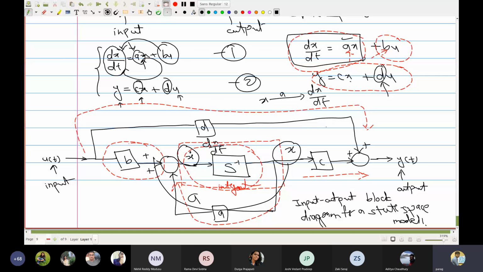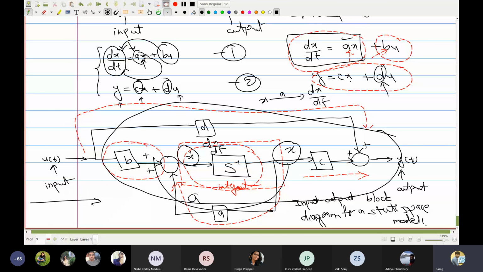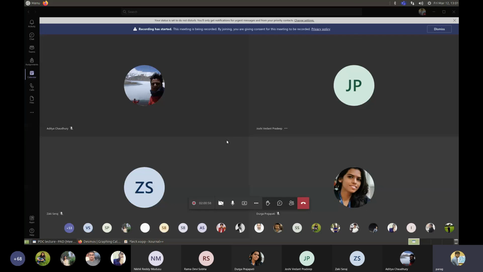But if I have a mathematical or computational way to deal with the intermediate part, then all I do is provide my system with this input and get this output. The mess has to be taken care of by computations or mathematics or whatever way you want. This is the basic idea. Does that answer your question?